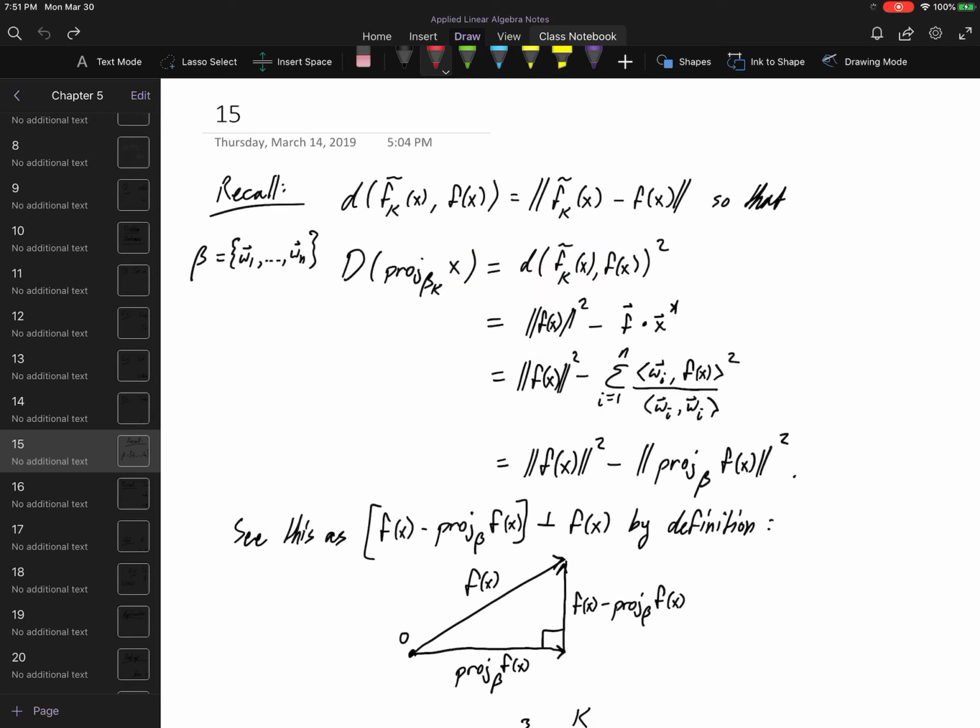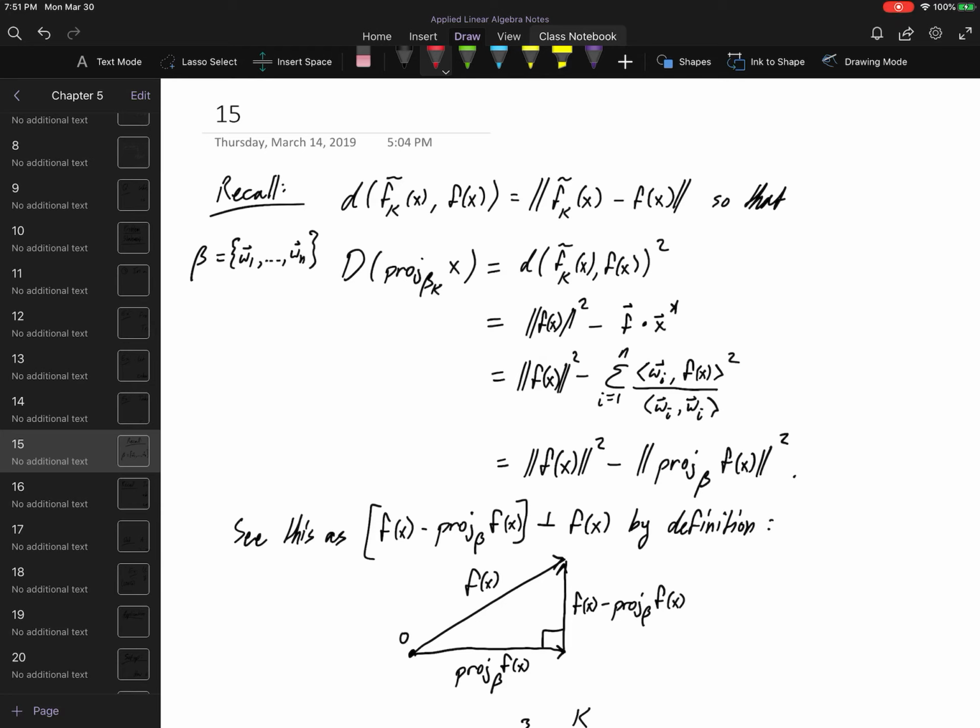This is the orthogonal projection of my function x onto the subspace W. If I follow what this distance means, I'm going to try to minimize the square distance between these two functions.